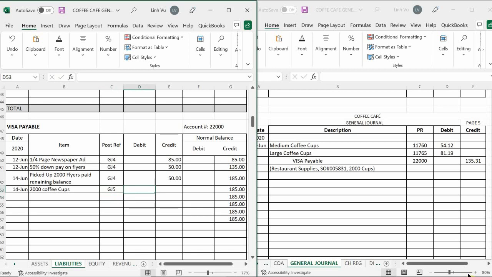General Journal, page 5 now. And we charged our account for $135.31. So that should increase your total charges on your Visa credit card to be a grand total of $320.31.